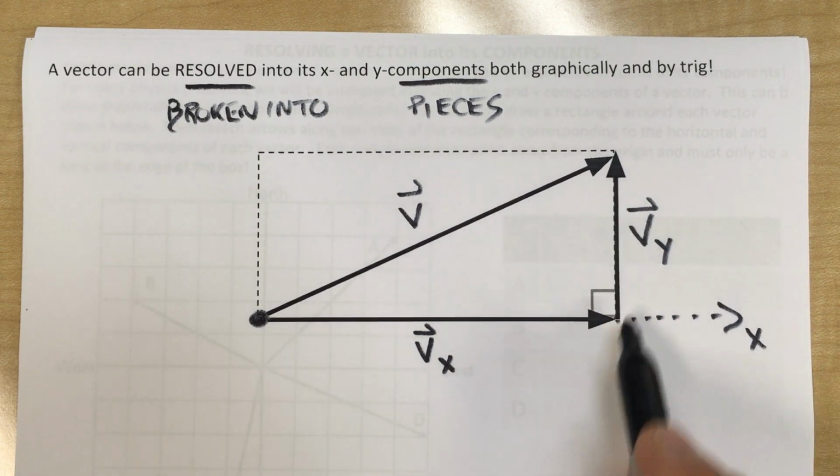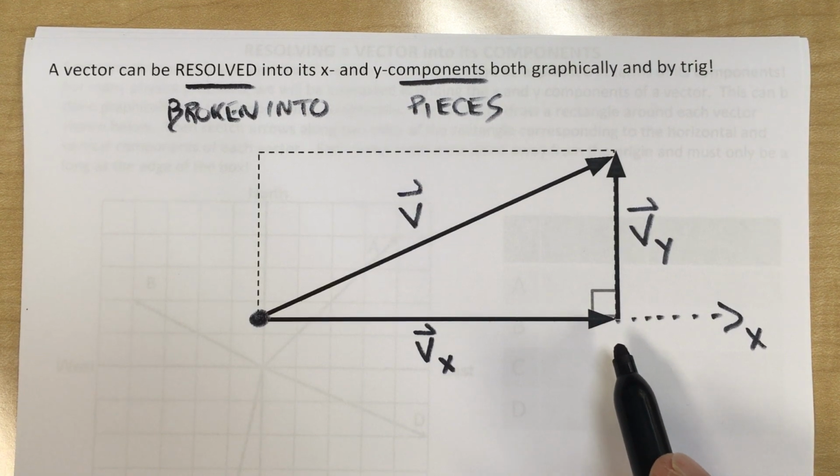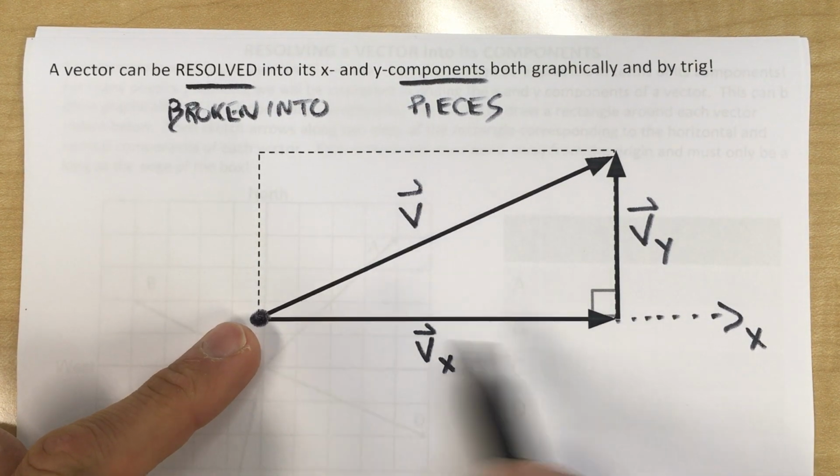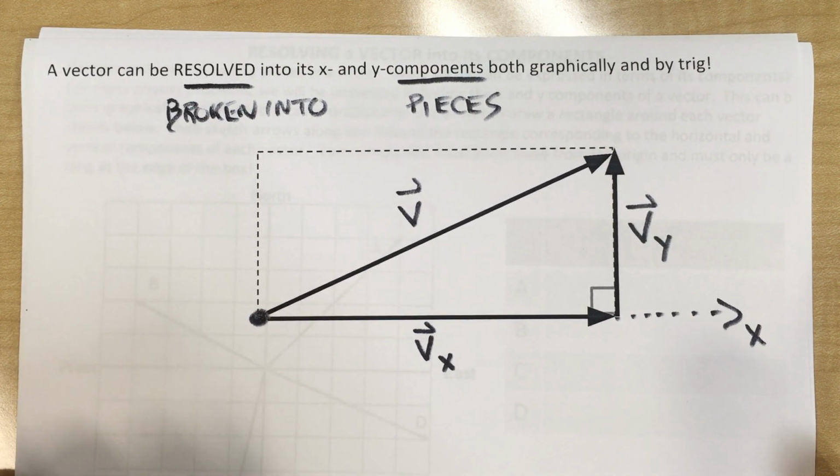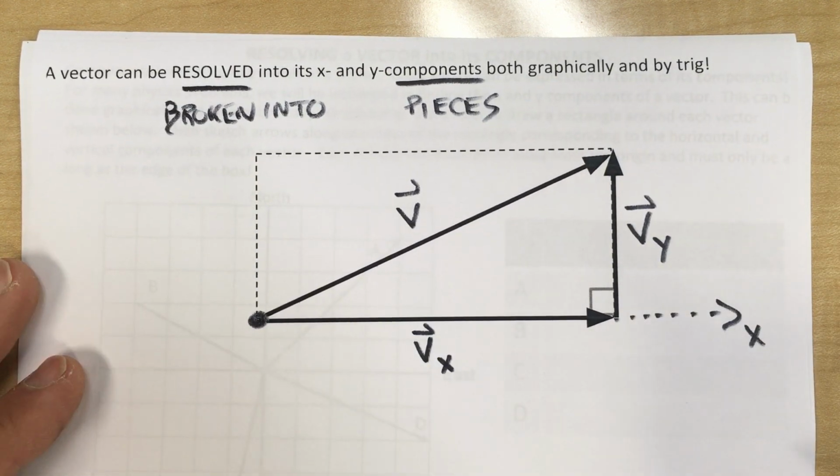And so these pieces can be thought of as the two things that you would add together to get the vector. Vectors in two dimensions can always be broken down into these pieces. And so this is what we mean by resolving them. Okay? So when you sketch it graphically, you would sketch the pieces just like I did right here.